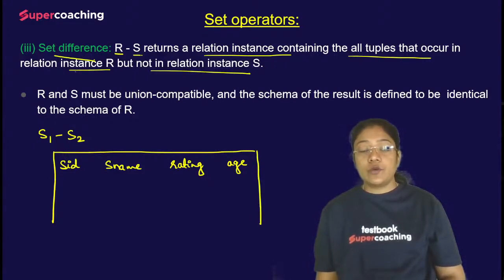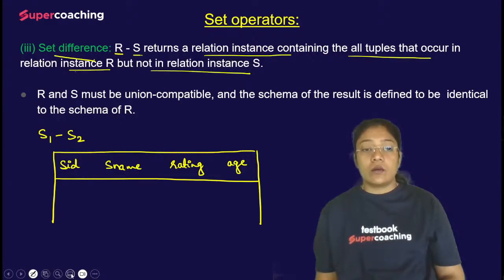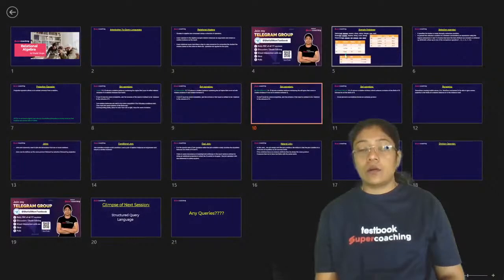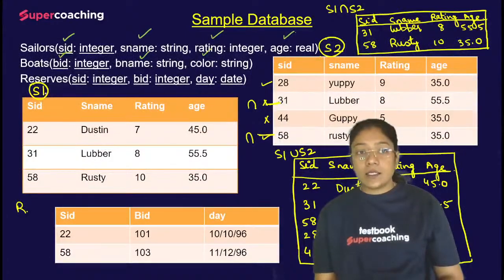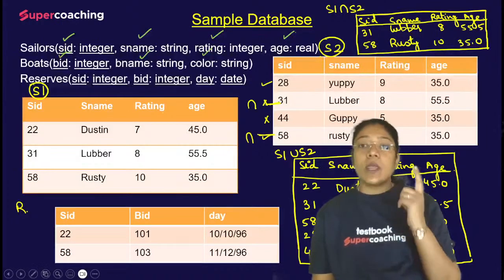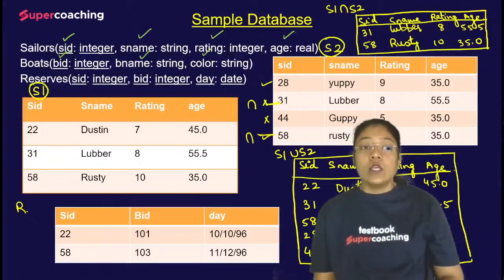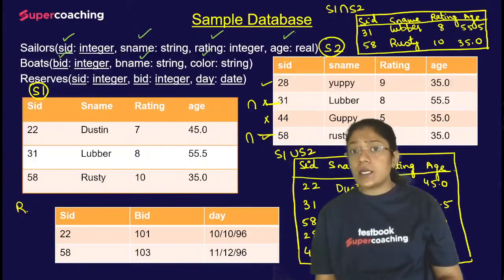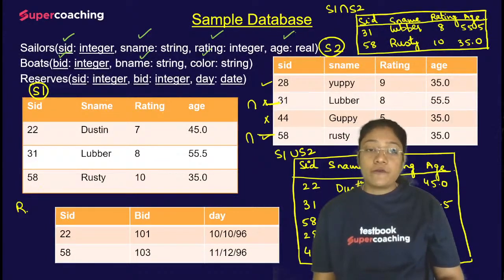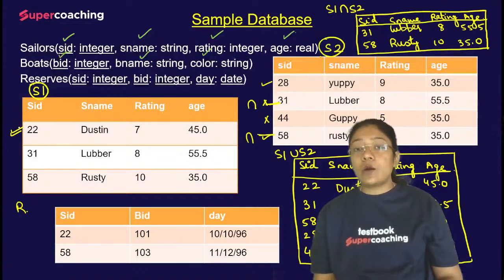Let's again refer to the relational instance that we have considered. So I want S1 minus S2. This is S1, this is S2. Which tuple is in S1 but not in S2? So in S1 we have the SID 22 which is not present in S2. 31 is present in both S1 and S2. 58 is present in both S1 and S2. So there is only one tuple which is a part of the relational instance S1 but not S2.